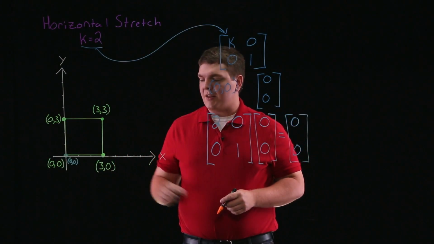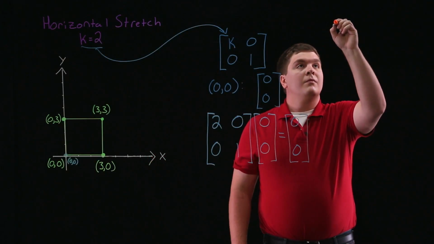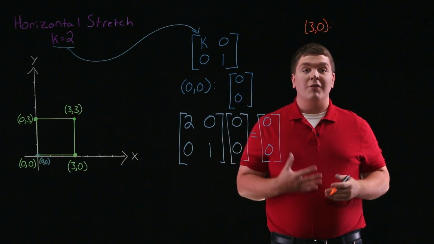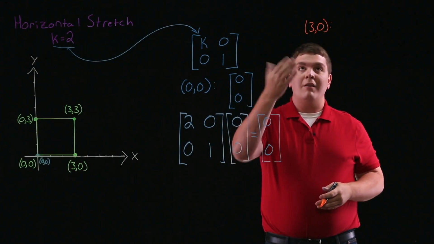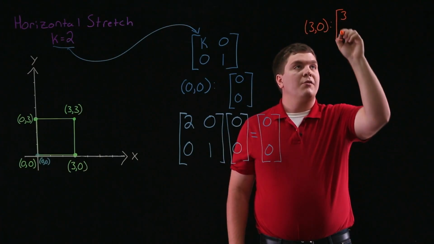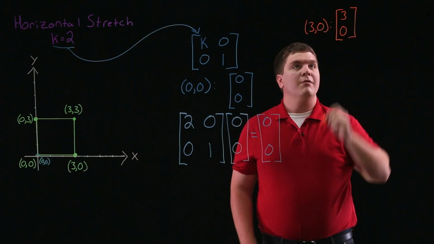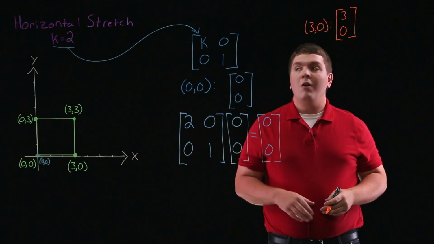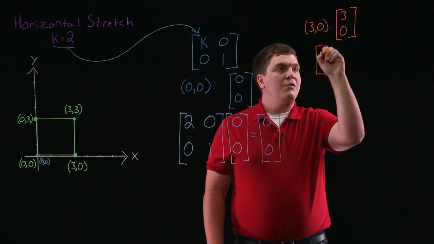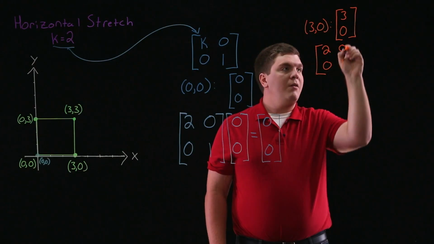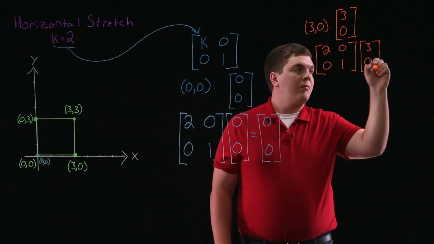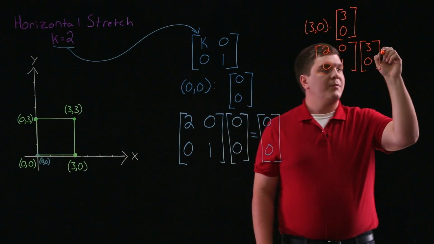Next, let's look at the point 3, 0. To apply our transformation to this point, let's represent it using a column matrix. Our first row will have a 3, and our second row will have a 0. To find the transformation, we'll multiply our transformation matrix, 2, 0, 0, 1, by that.